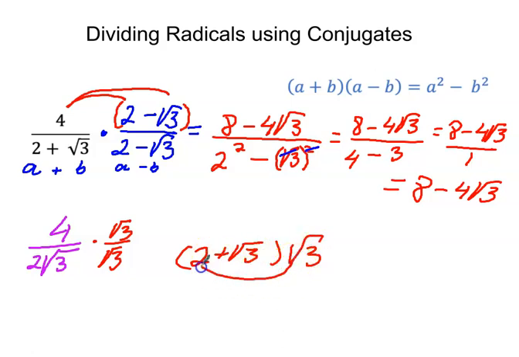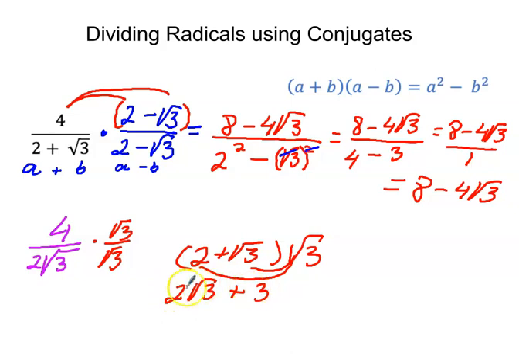Square root of 3 times 2 is 2 square root of 3, and square root of 3 times square root of 3 is the square root of 9, which equals 3.